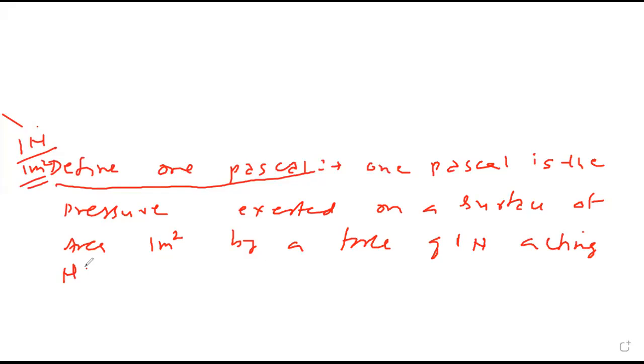If you don't write acting normally, you can write thrust of 1 Newton. But if you write force and don't write normally, your teacher will cancel the mark. I feel this can be asked in PPS.